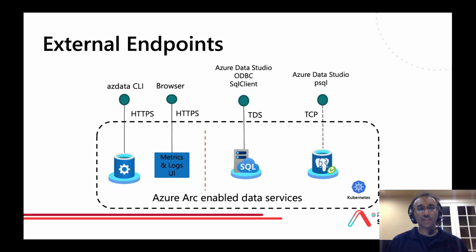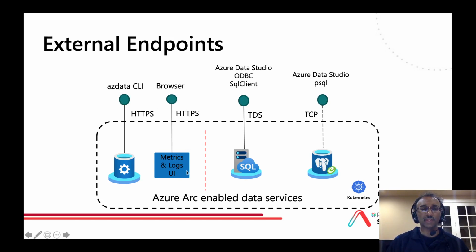So once you've installed data services, what you get out of the box is essentially the ones on the left side. This is basically our control plane. This icon represents our data controller, which essentially manages the entire data services. As part of that, we provide you with the built-in metrics and logs UI.